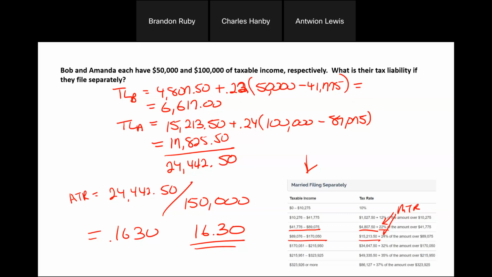It's stupid. So print out the tax rate schedules, and if you've typed your cheat sheet, print it out. If you've handwritten it, have it right there, and you should be good.